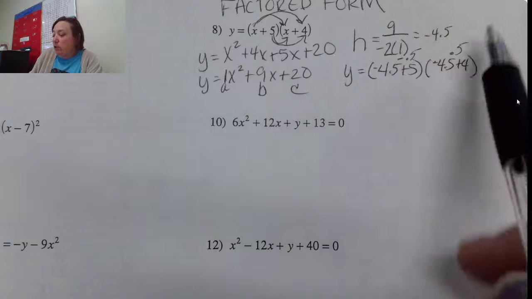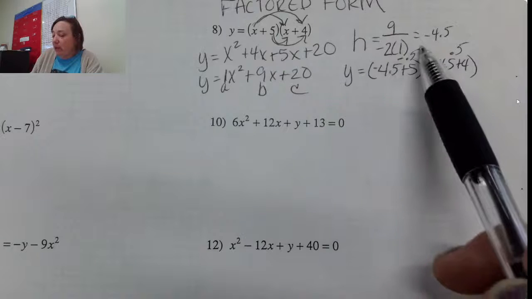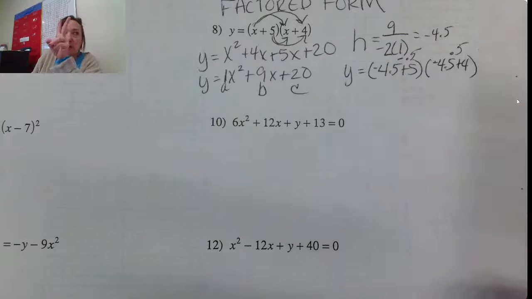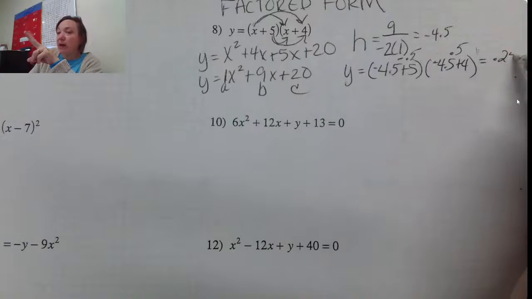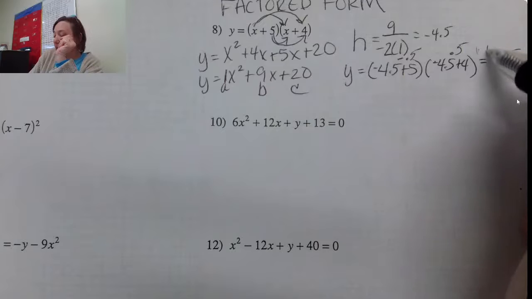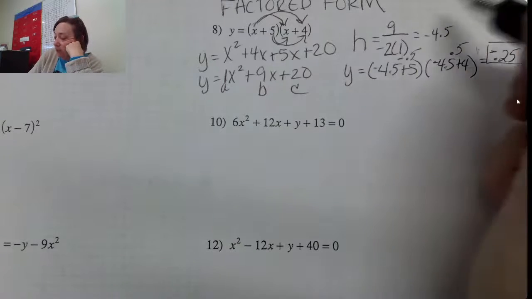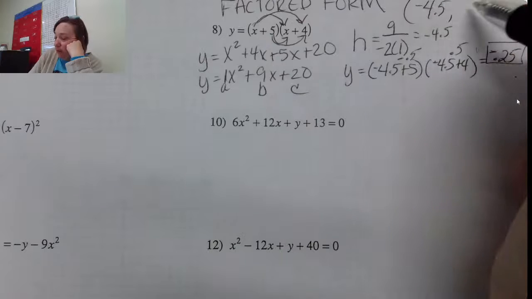And how many numbers do you have behind the decimal? You have 1 here and 1 here. That makes 2. That means you're going to put 2 numbers behind the decimal here. So it would be 0.25, but what's a positive times a negative? A negative, so it's negative 0.25. So our vertex for this is negative 4.5, negative 0.25, right?